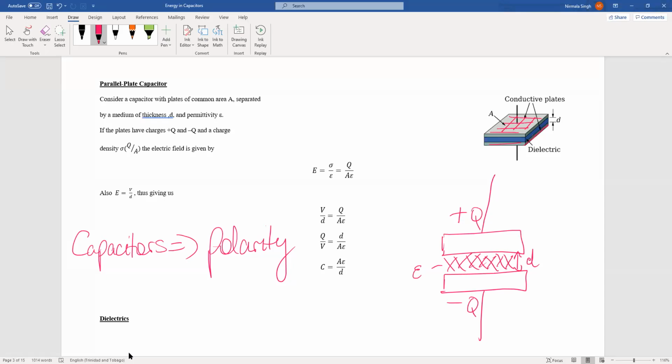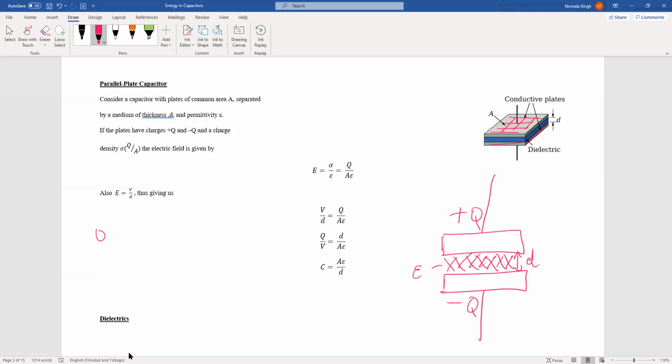And if you hook it up incorrectly, it might pop and blow on your board, as in it's going to die right in front of you with some little white smoke. So please remember, capacitors are very important when it comes to polarity, hence why we must have a positive plate and a negative plate. So reading again, and the charge density, comma, sigma.